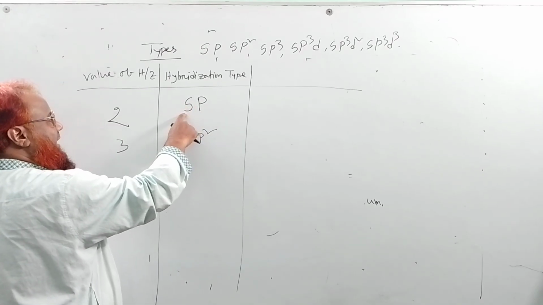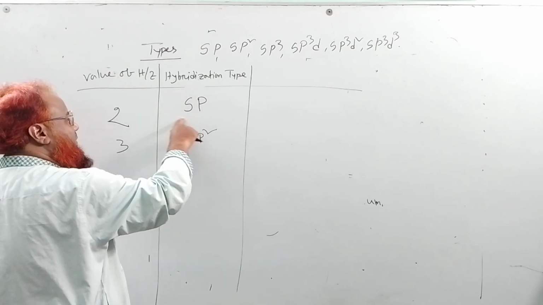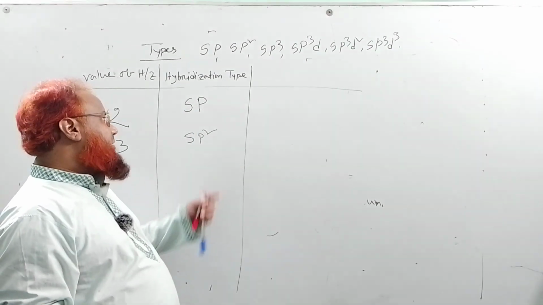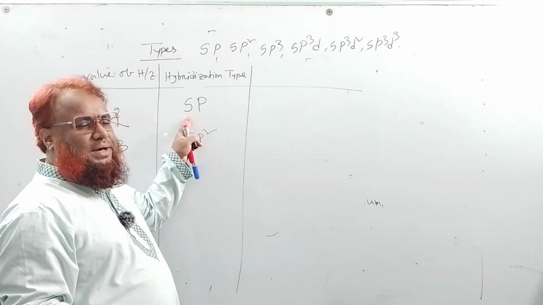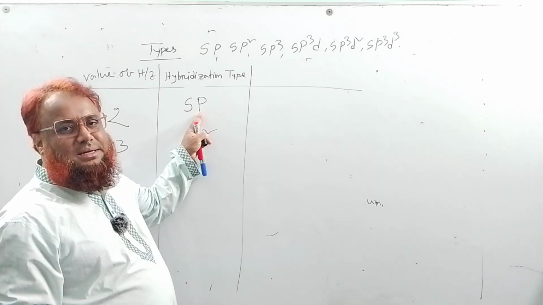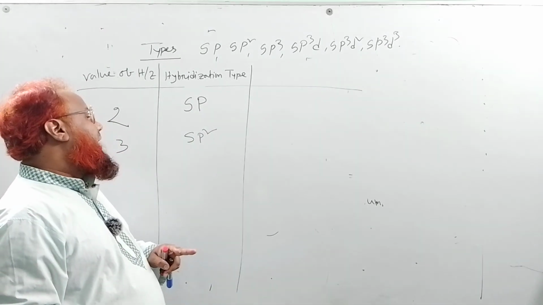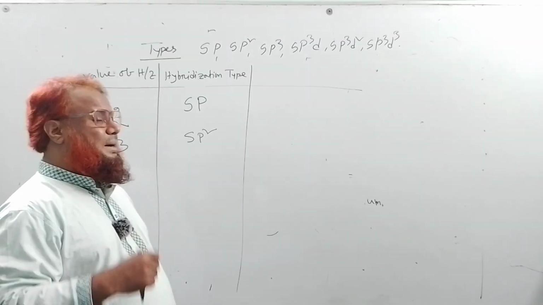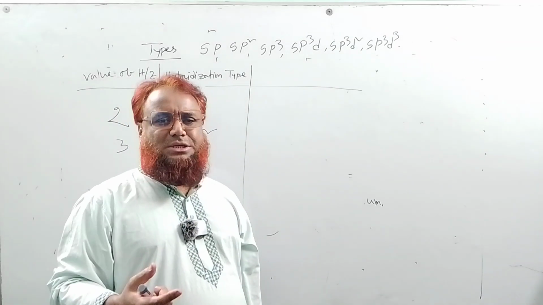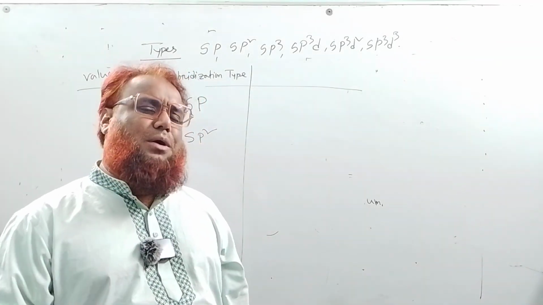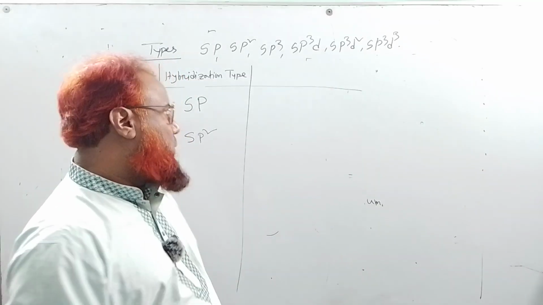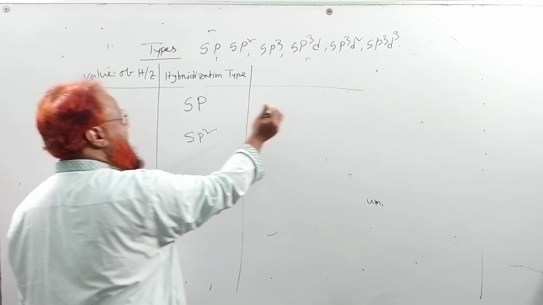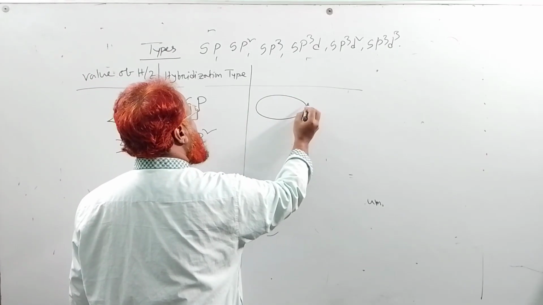Again 1s and 1p will define the type of hybridization sp. That means the hybridization process in which one s and one p orbital are intermixed together, and they will produce 2 hybrid orbitals, because the number of participating orbitals in the hybridization process will be equal to the number of produced hybrid orbitals. So, sp hybridization will make 2 sp hybrid orbitals.